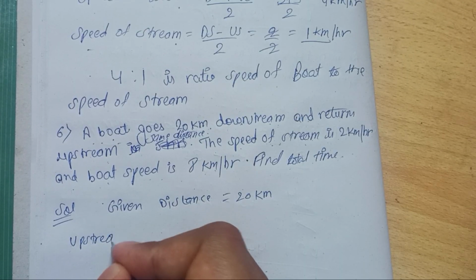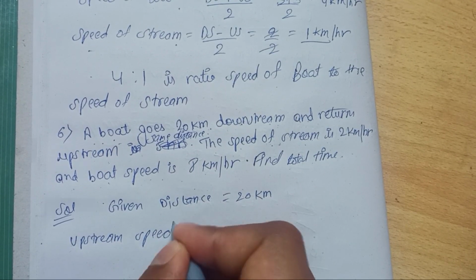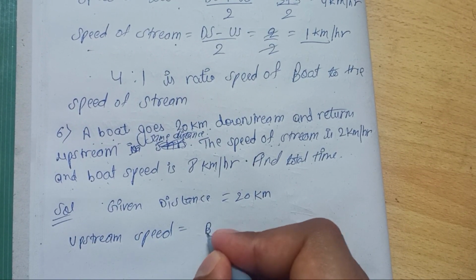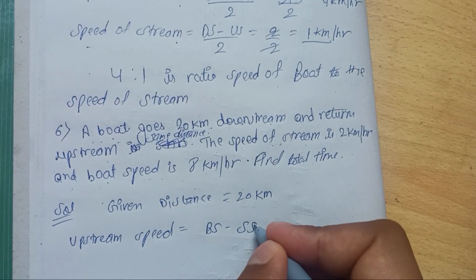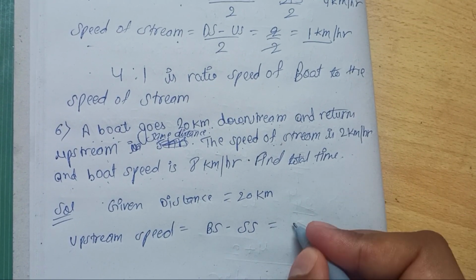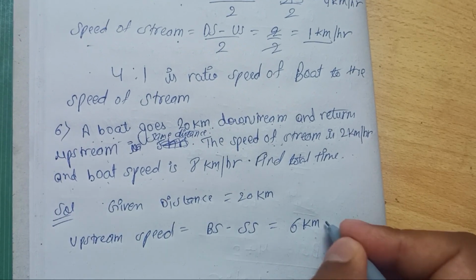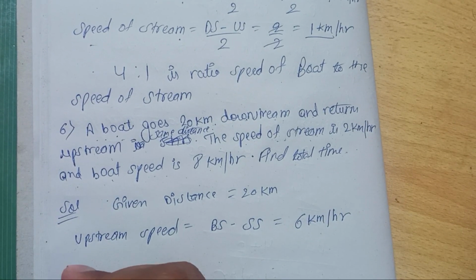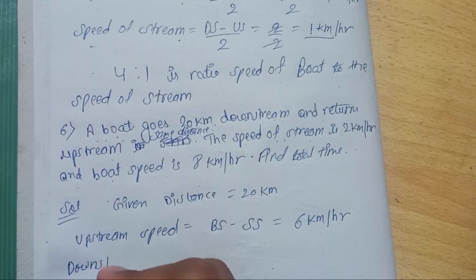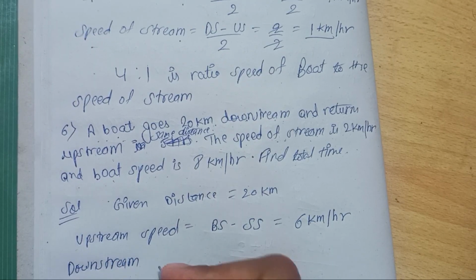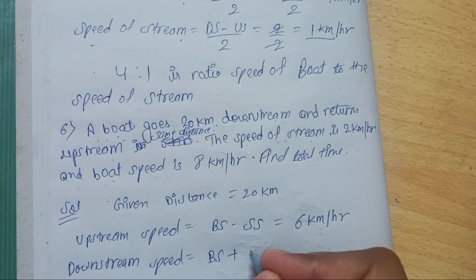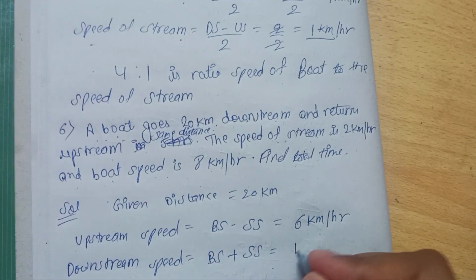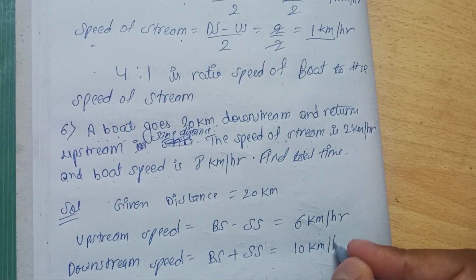Upstream speed is equal to boat speed minus stream speed, which is equal to 6 km per hour, and downstream speed is equal to boat speed plus stream speed, which becomes 10 km per hour.